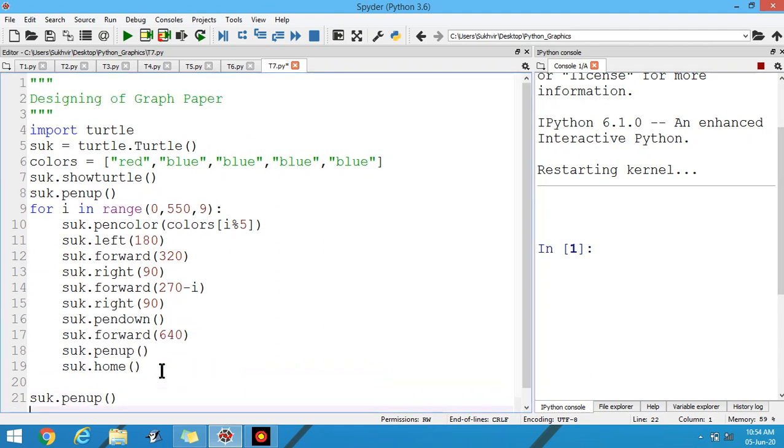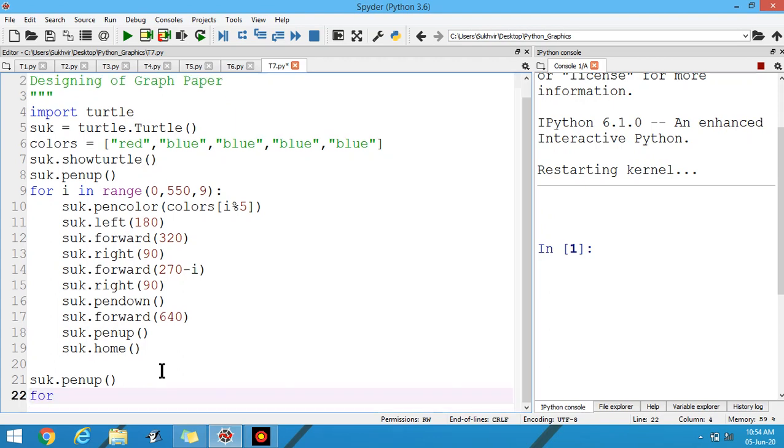You can use for loop for j in range 0 to, let us say, 640. A gap of 9 is required again.